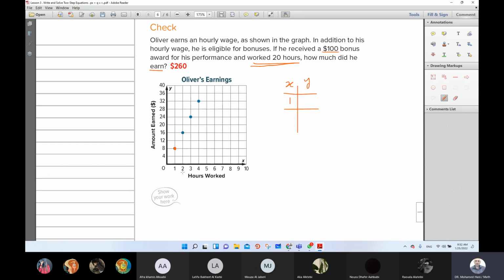And if he worked 1 hour, he received $8. Now I know the cost of 1 hour equals $8. If he worked 2 hours, the amount will be 16.